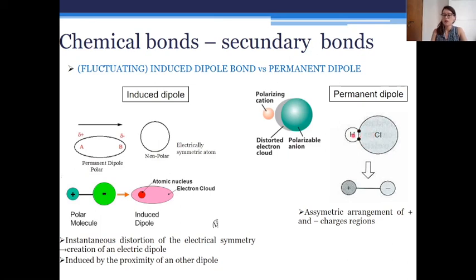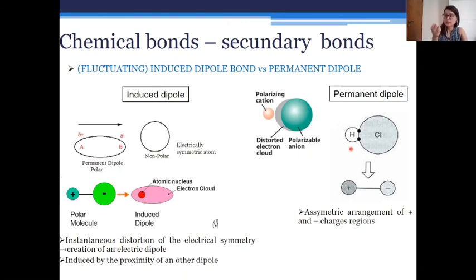So the hydrogen has one electron that it is willing to give to find the stable electron configuration, whereas chlorine is willing to gain this electron to be in a stable electron configuration.